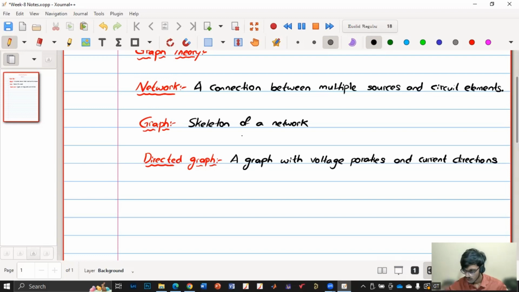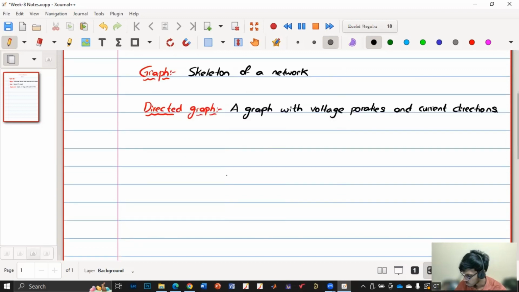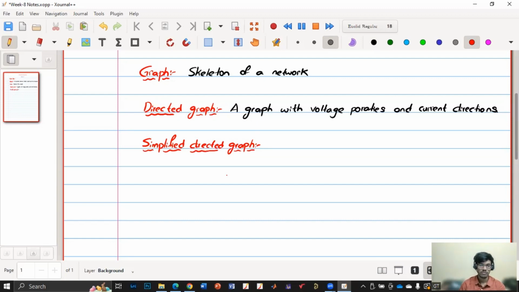Now there is another thing called a simplified directed graph. A simplified directed graph is just a simplified version of a directed graph. A directed graph shows all the voltage polarities and current directions.